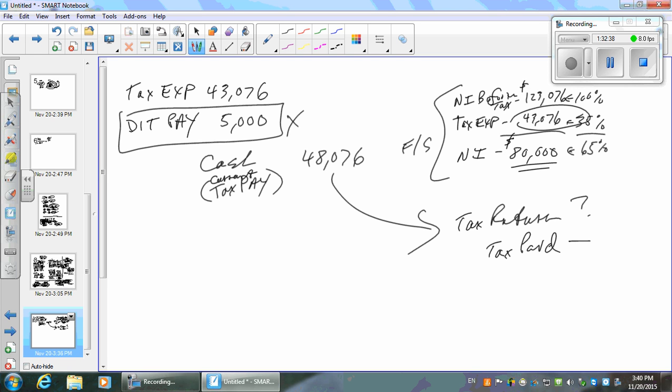So you end up with deferred income tax payable or deferred income tax asset. Or worse, both, and current and long-term versions of both. It's current or long-term based on when it's going to reverse. If I pay the tax next year, it's current.